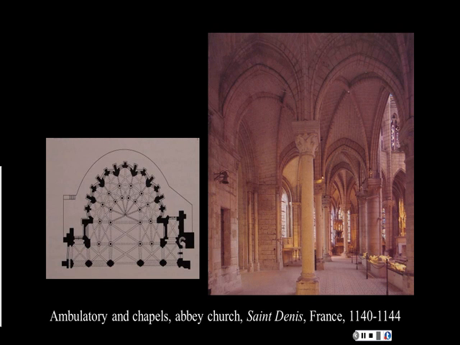This, of course, allows for you to see across the choir from one end to the other. It also is going to allow for a tremendous amount of light to enter into the room.